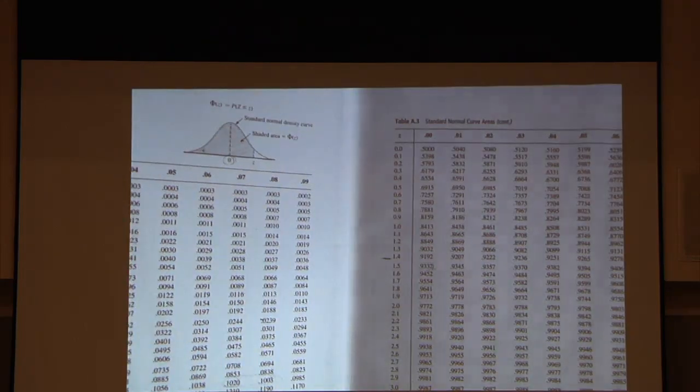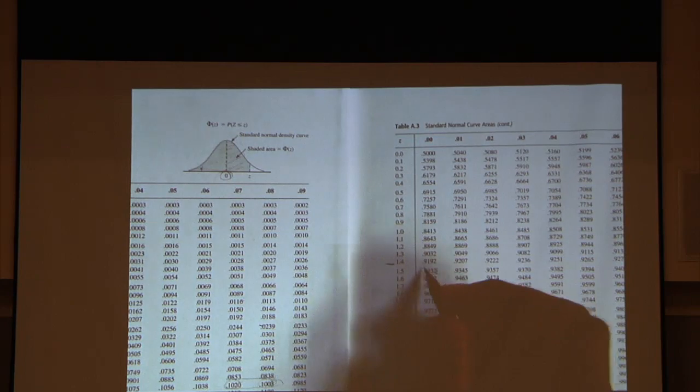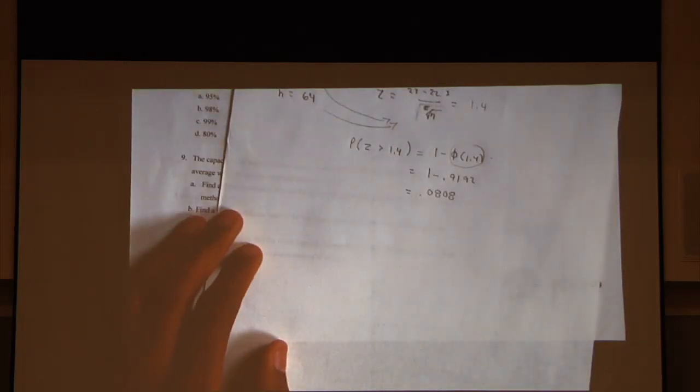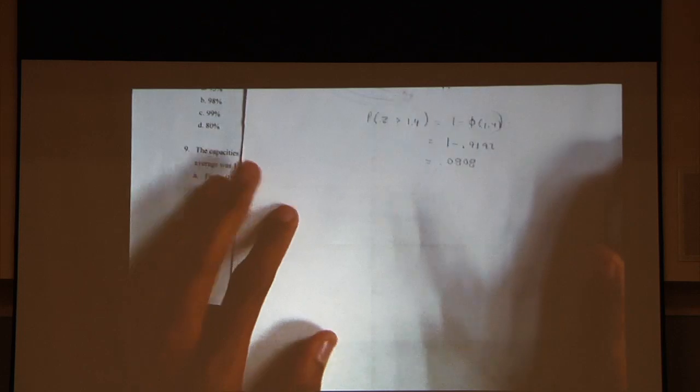But for our case, they were asking greater than 23, right? So this is the value that we used, but there's not a 90% chance that it's greater. That's a way to misinterpret what the z-table is telling you, right?